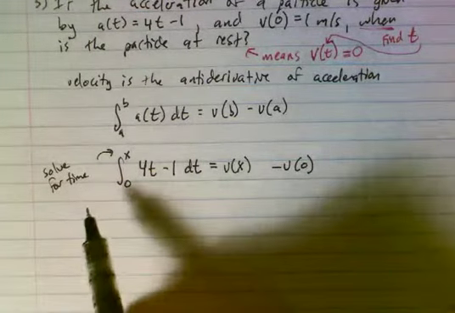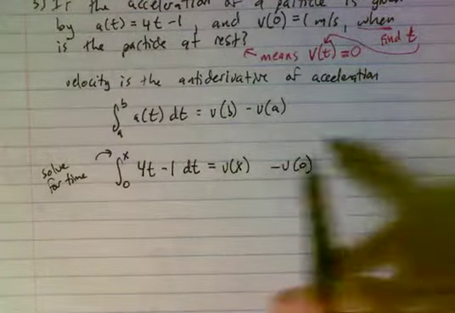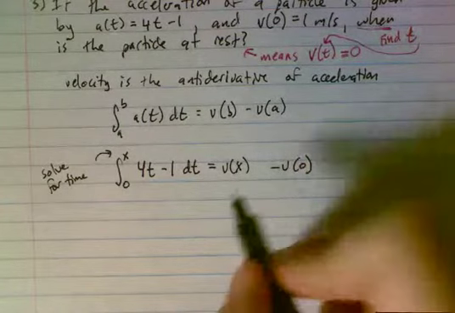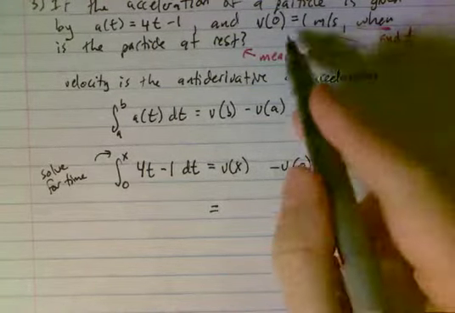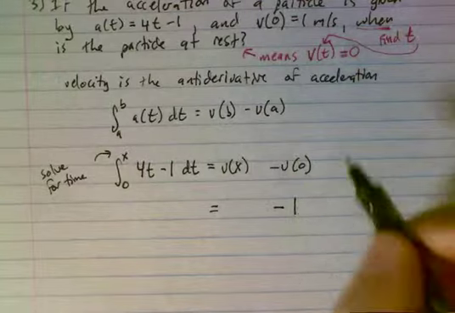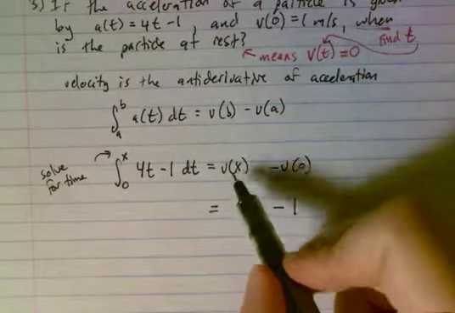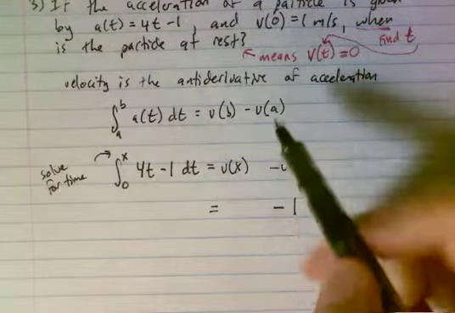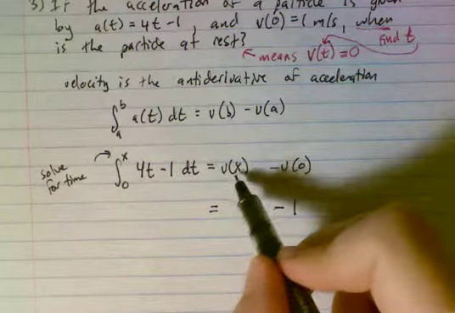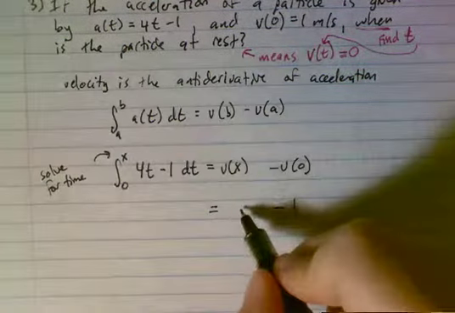But we can still do our integral and everything, and we can still do some substitutions over here. We do know what v of 0 is. It just told us it's 1. And we do know that we're solving for when the particle is at rest. That means that at this second time, we know that the velocity is 0.